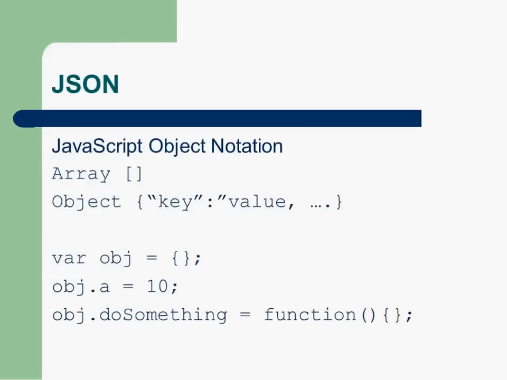Now JSON, you must already be aware of it, it's JavaScript Object Notation. If you use square brackets, that defines an array, and if you use curly braces, that creates an object. So in the code below you can see you can define an object using this.